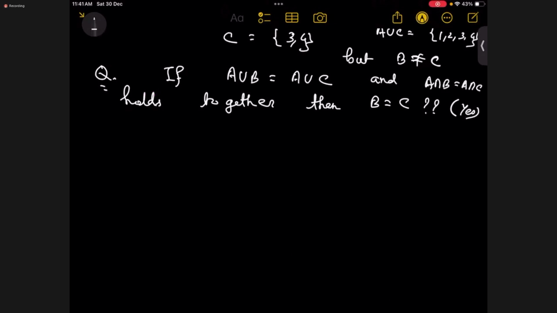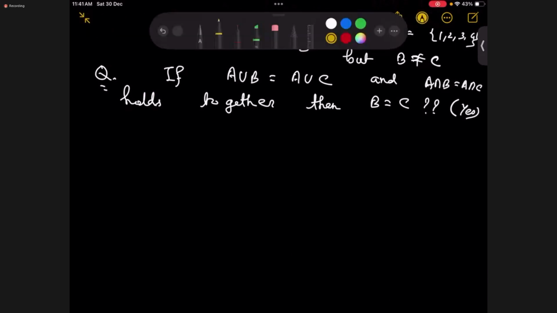Let's see. We have this one and this one, so let us use these two things. First, A union B equals A union C. Let me write it again here, so it will be easy to digest.